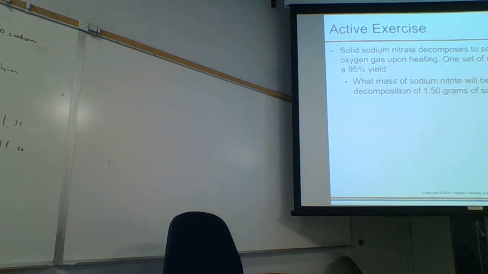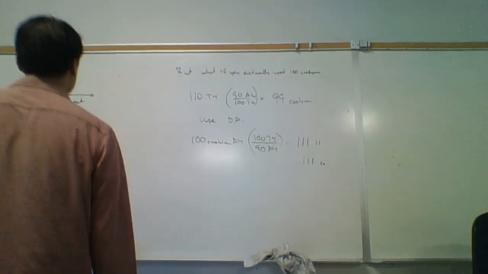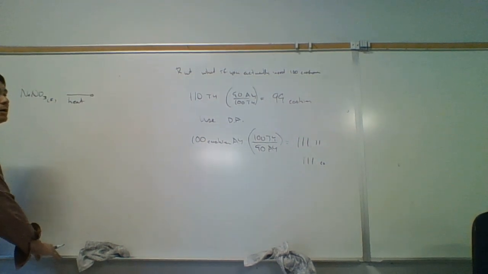First we need a balanced equation, so let's do that. Sodium nitrate, what's the formula for sodium nitrate? NaNO3, and they're saying it's solid, and then they're going to heat this. So we'll add heat. When we add heat, things can decompose. In this case, they tell us the decomposition products.